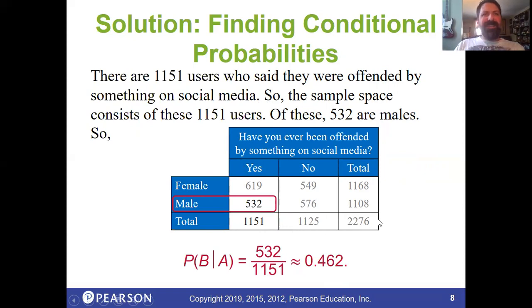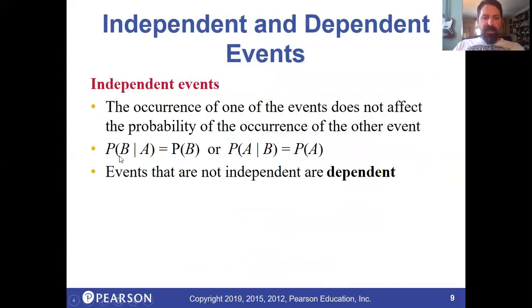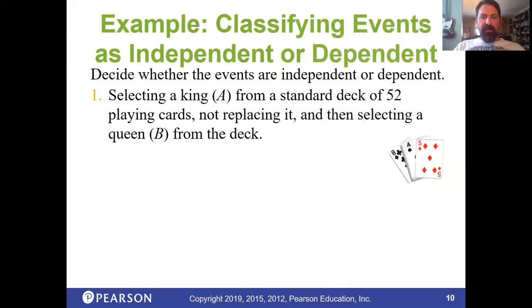If it's similar to 0.462, then being a male doesn't seem to depend very much on how you feel about social media. My point is that this is straightforward for theoretical events, theoretical probabilities. For statistical probabilities, we should use more of a squiggly equals, or approximately. Things are independent if the probability of B given A is roughly the same as the probability of B. So we have to take it with a little grain of salt.